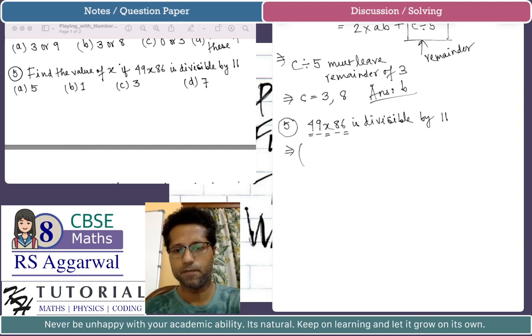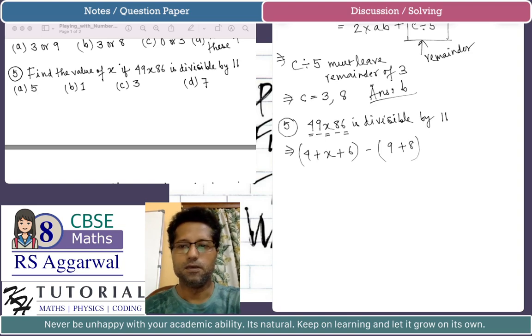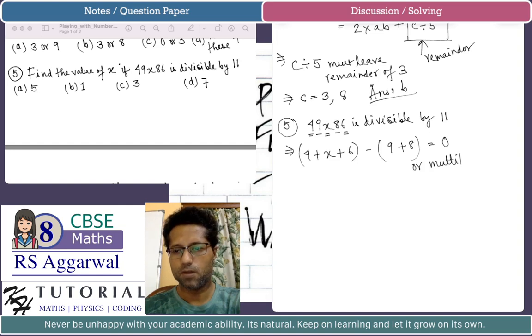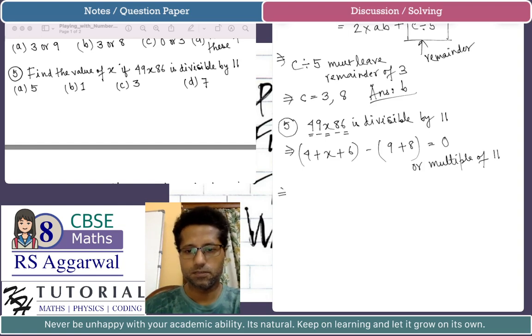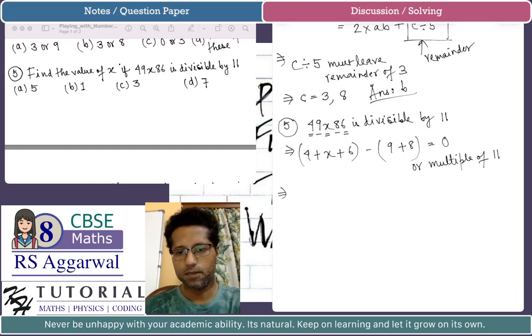So we must have 4 plus x plus 6 minus 9 plus 8 equal to 0 or a multiple of 11.